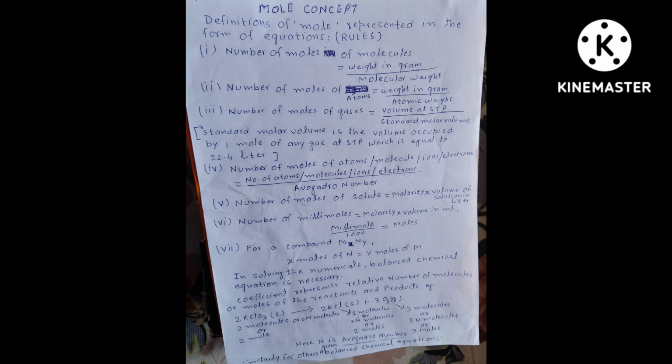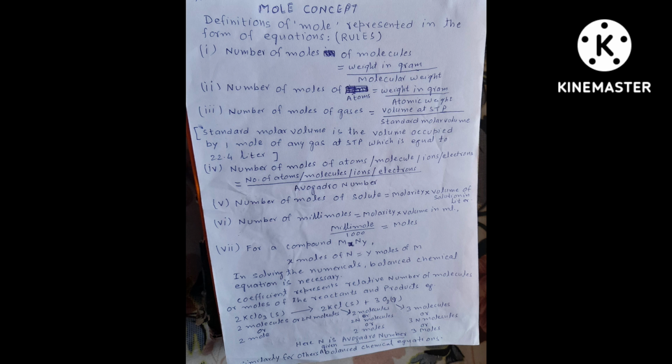Okay, now I am telling you that if you calculate the mass percent of hydrogen, its value will come 11.18, meaning 2 into 1 divided by 18 into 100.